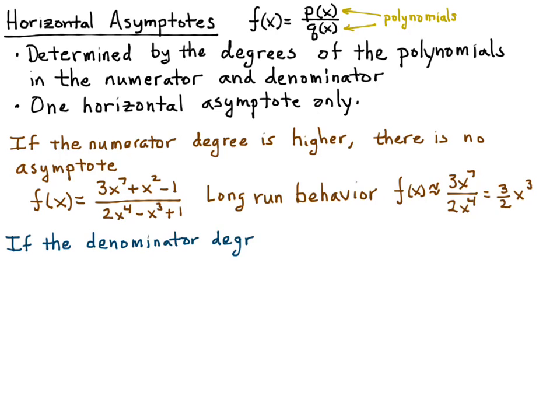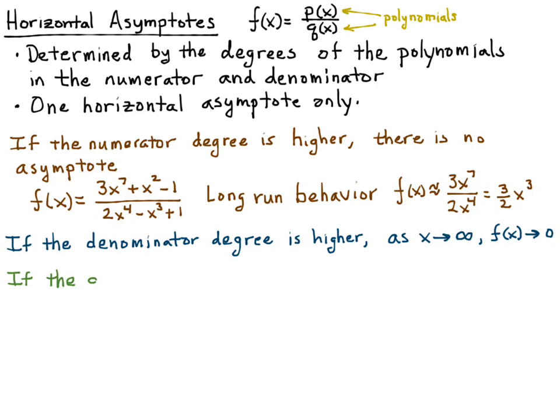If the denominator degree is higher, then as x goes to infinity, the function goes to 0. Let me write an example here. Let's say my g at x is the reciprocal of f at x.